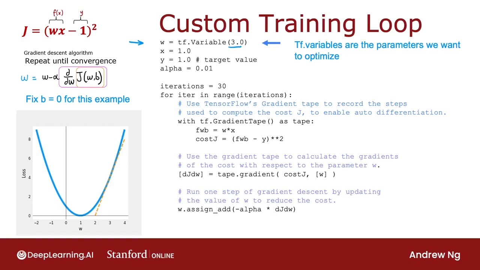And this is the syntax to get TensorFlow to automatically compute derivatives for you. TensorFlow has a feature called a gradient tape.